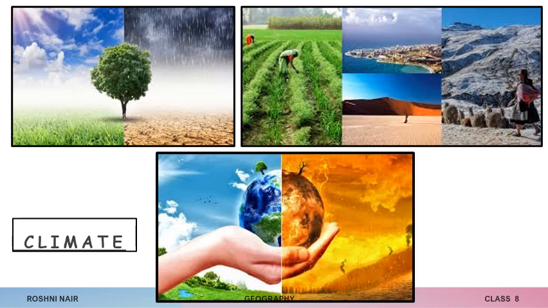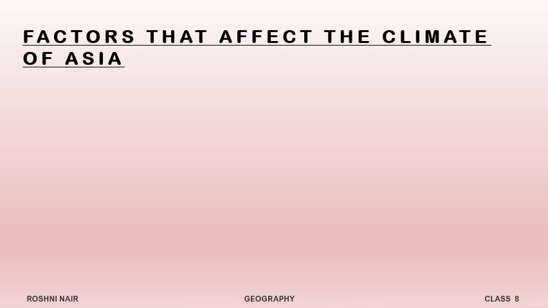Now coming to natural vegetation. Before we start natural vegetation, let me inform you about the factors that affect the climate of Asia. There are around 5 factors.